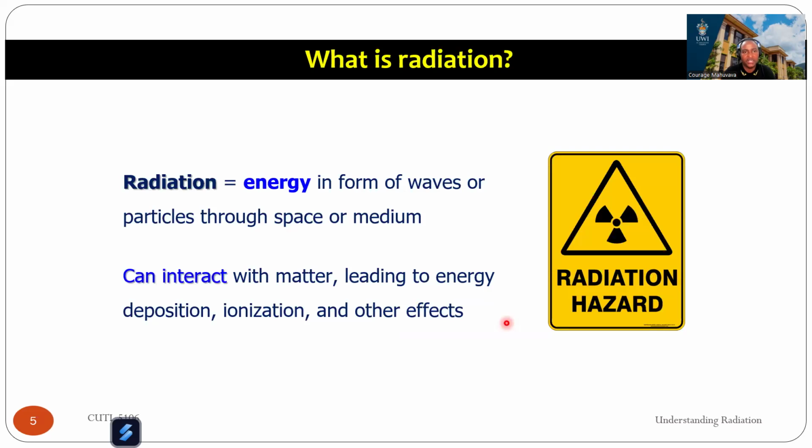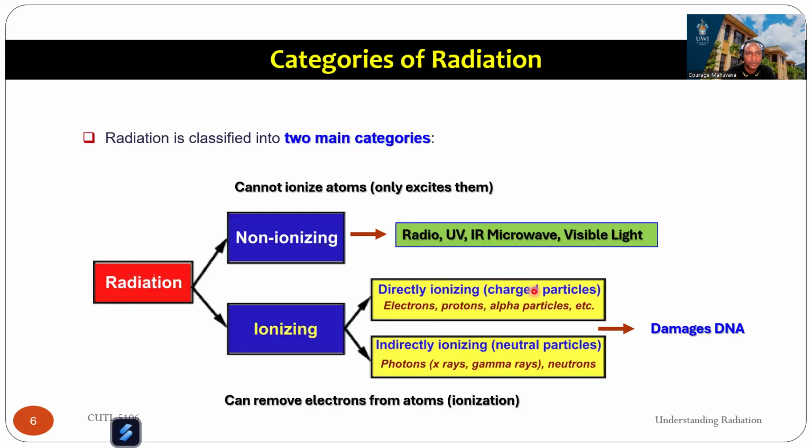So what is radiation? Radiation can simply be defined as energy in the form of waves or particles that travels through space or in a medium. And of course, this radiation can interact with matter and therefore deposit some of its energy, leading to effects like ionization and other effects.